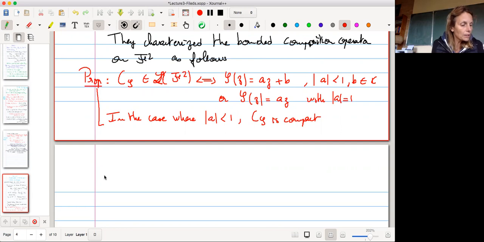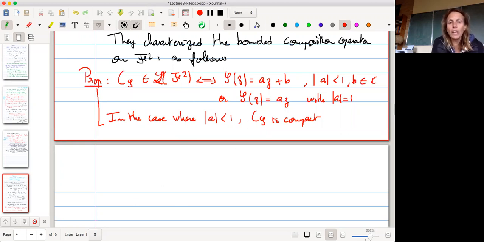Okay, so in fact, this result was then generalized for weighted composition operators and with arbitrary nu between 1 and infinity.